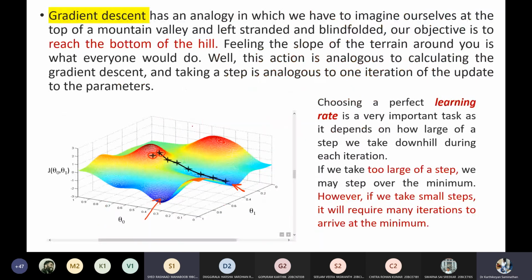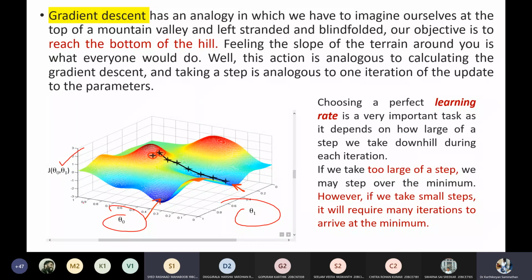Suppose you have only one variable in polynomial regression, you will get a single type of curve, whereas when more variables are involved, theta 1 and theta 2, obviously you will get a curve like this, right? So this depends on the learning rate, which is how large a step we can take in each iteration.